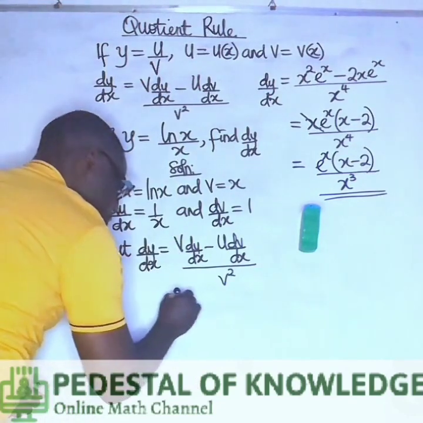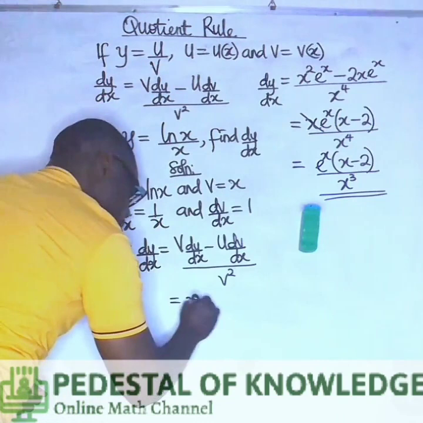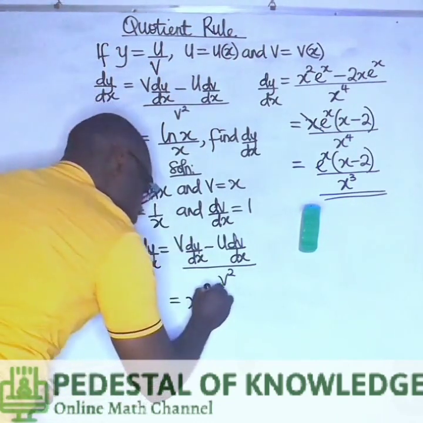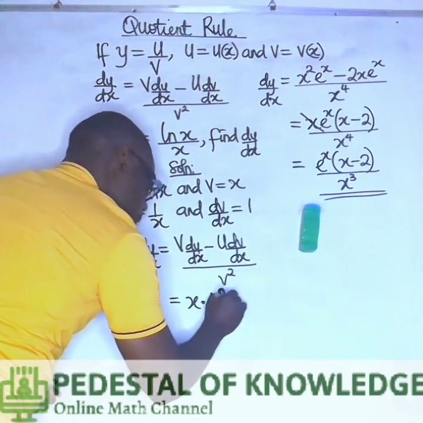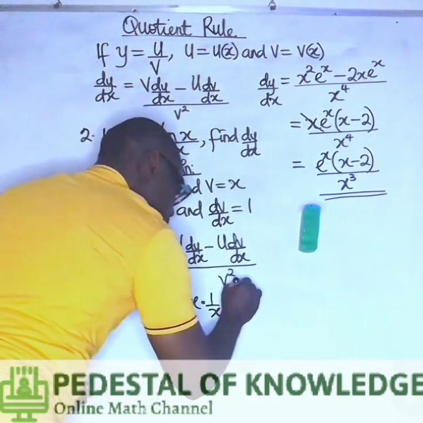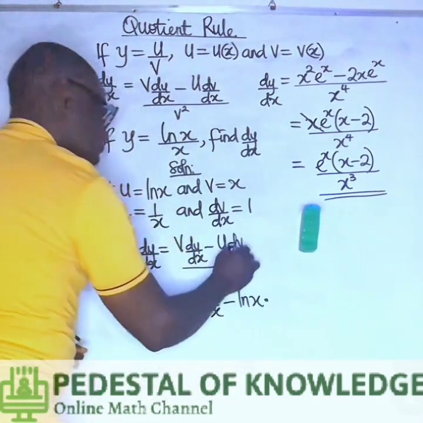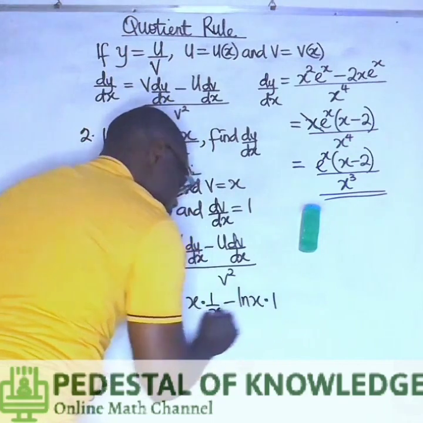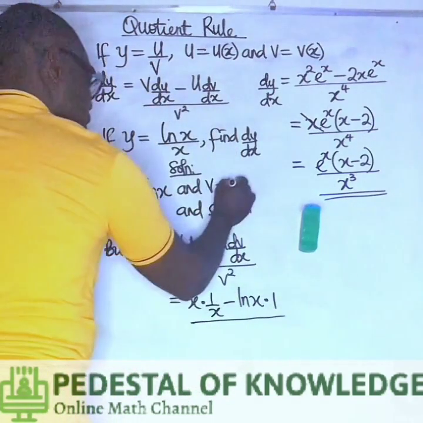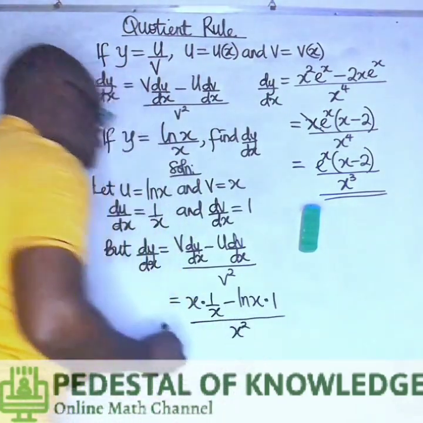And this is equal to v, which is x, put x there, multiplied by du/dx, which is 1 over x, then minus u, which is ln x, multiplied by dv/dx, which is equal to 1, then divided by v squared, and our v is x, so we have x squared.